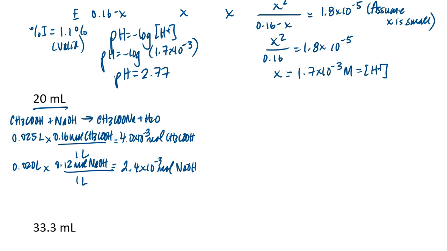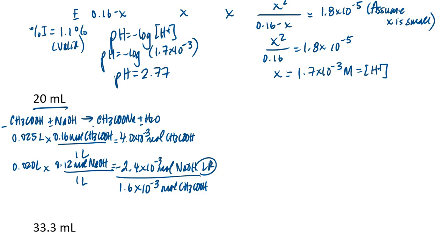Now, because the stoichiometry of the neutralization reaction is all 1-to-1, if I subtract these two numbers of moles, I'll end up with the number of moles of acid that remain, because if you notice, the limiting reactant in this case would actually be the base. So if I do that calculation, I end up with 1.6 times 10 to the negative third moles of the acid remaining.